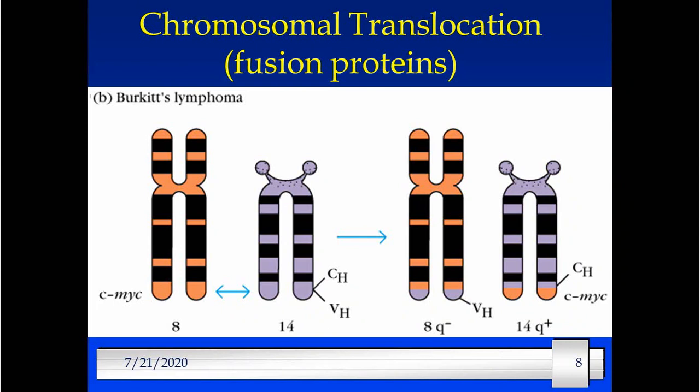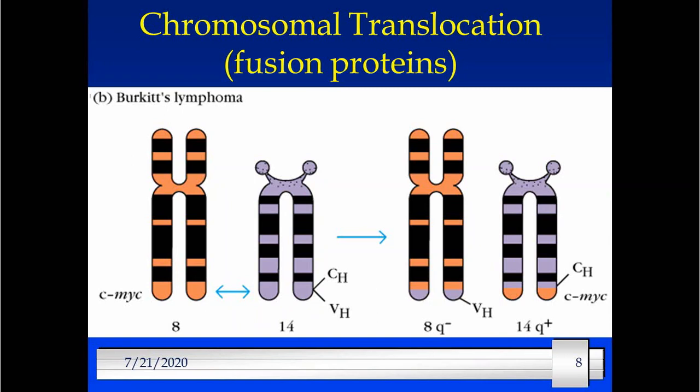When we see this translocation, referred to as c-MYC, this means that this sample belongs to a patient with Burkitt lymphoma. So that's why it's called tumor-specific antigen.